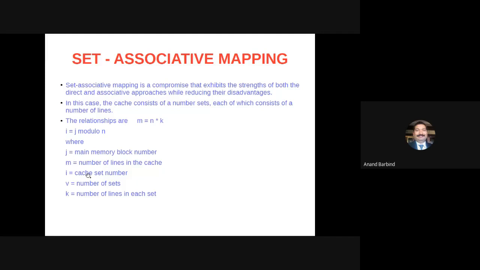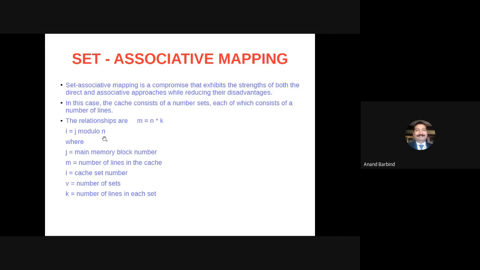There are a number of lines in a particular set. v is the number of sets, whereas k is the number of lines in each set. Here n is the number of sets. Here it is written v, but either v should have been written in both places, or we should have used n here.